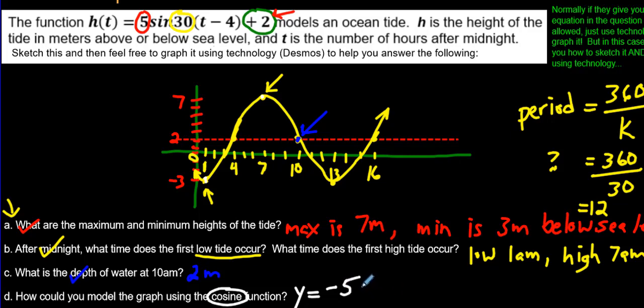Okay, it's still going 5 up and 5 down. The number on the end is 2. That will still stay the same, but we'll get to that. So we're going to have negative 5 cosine. I hope you remember why it's negative. It's starting from the bottom instead of the top. Now we can put in the exact same period. That doesn't change. Okay, the exact same value for k, which is 30. Then in brackets, we're going to write t.